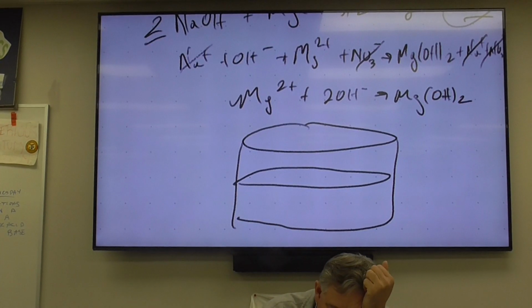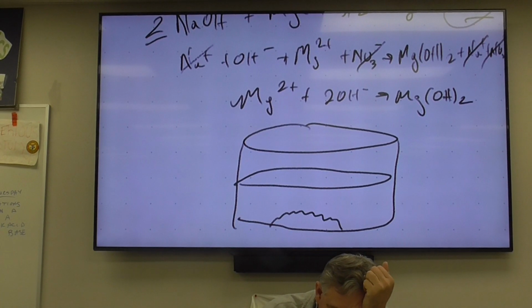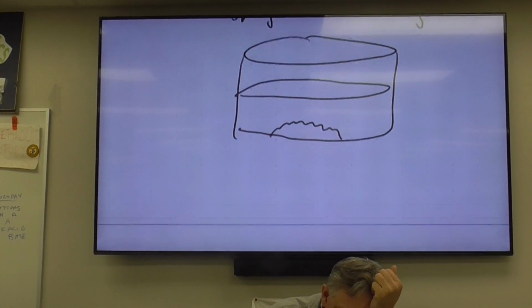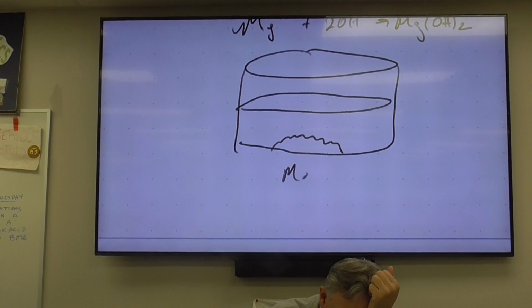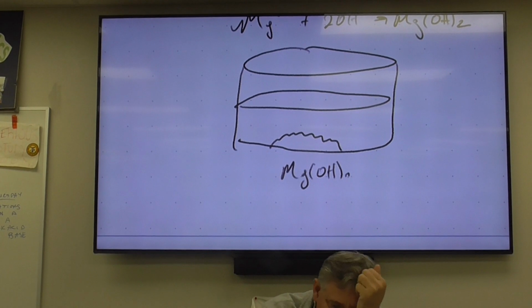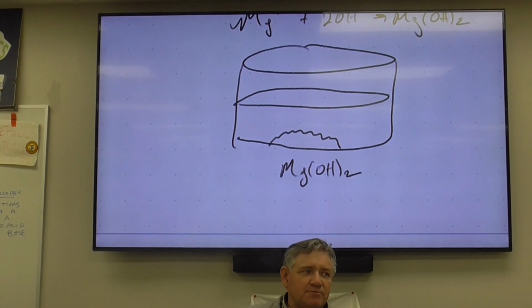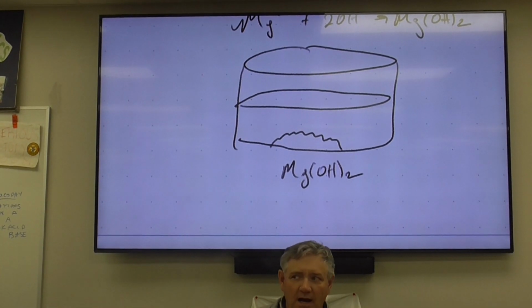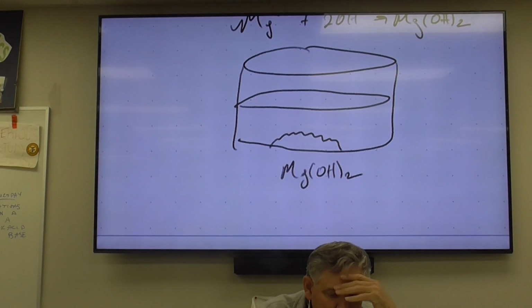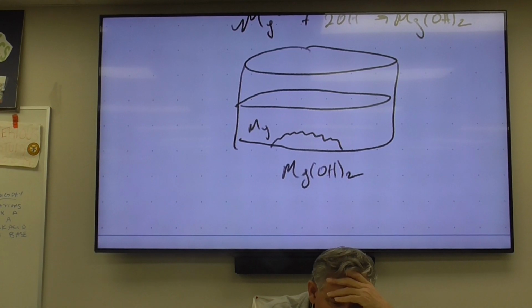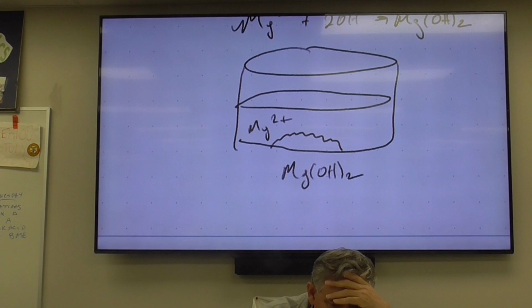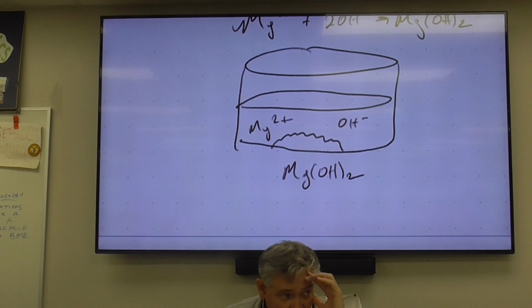So basically what happened is this. You had this precipitate of solid magnesium hydroxide. That is not the story. The story is not the precipitate. The story is what's happening in the solution that's up above.